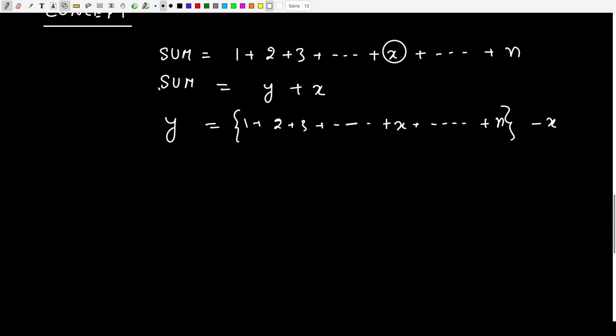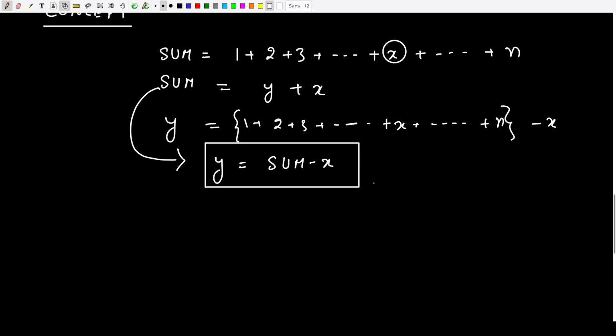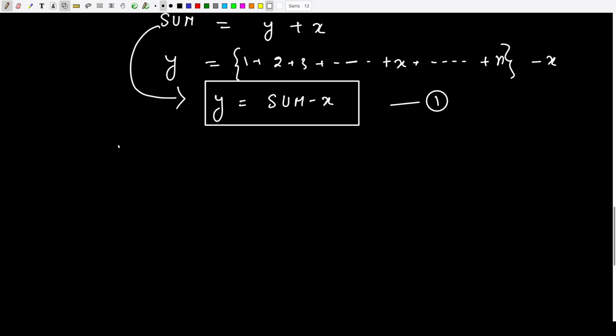Once we have this equation with us, we can represent y is equal to sum minus x. So let us say this is our one equation which we have, where y is equal to sum minus x. So over here, sum is equal to 1 plus 2 plus 3 plus dot dot dot plus x plus dot dot dot all the way till n.